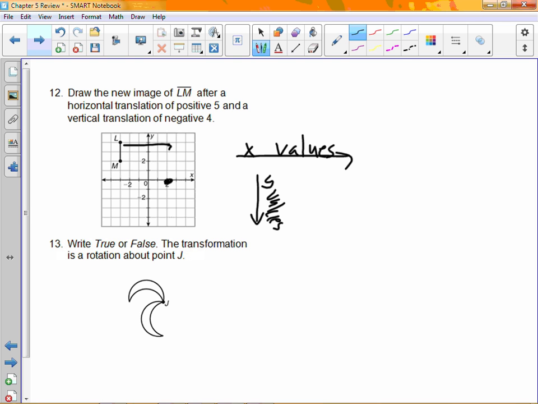So now that point is sitting right there, and M is the same: 1, 2, 3, 4, 5, and down 4. So here's L prime and M prime. Is that the image or the preimage? Image. L prime and M prime are the image. That's where it's at. Where it moved from is the preimage.